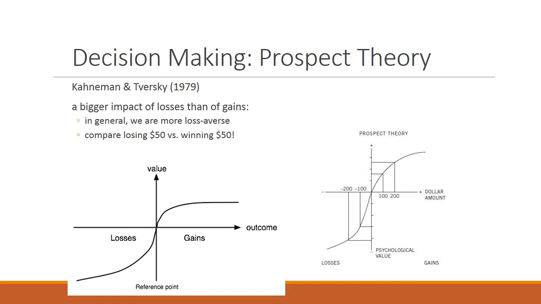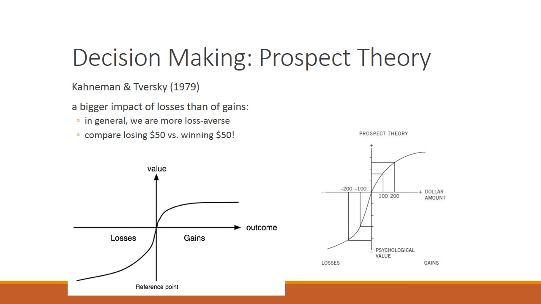But if you look at that same $10 difference much farther down the x-axis, so comparing winning $1,000 to winning $1,010, the psychological difference is much smaller. So the curve shallows off as you get greater and greater on the x-axis going in the positive direction. If I ask you whether you'd want $1 million versus $1 million and $10, there's little psychological difference between those two values.